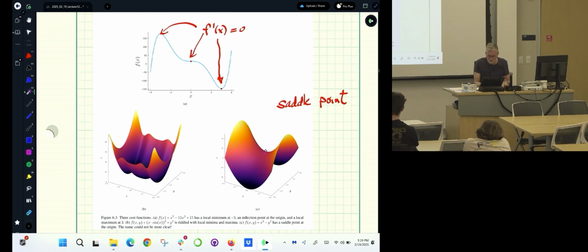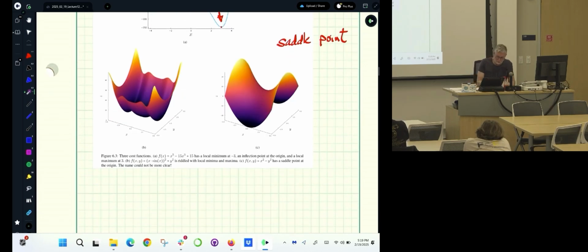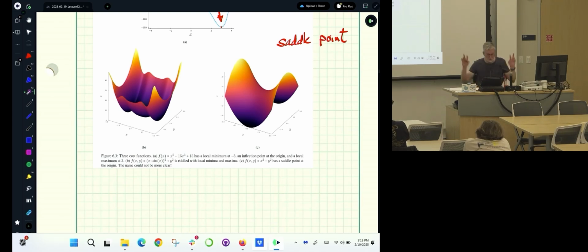But you still have a point where the derivatives all vanish. And it's very easy to have cost functions, if you design them without a huge amount of physical insight into the system, that end up with lots of local minima.